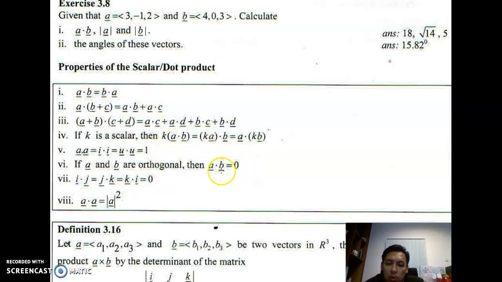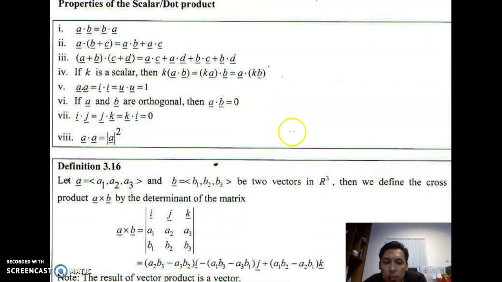So when you do a dot product and get 0, we assume that A and B are in a 90 degree position, orthogonal. Please remember the property of A dot B equal to 0. Then you have the other two, you can look at them on your own.